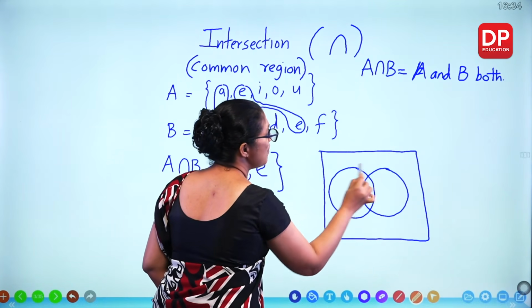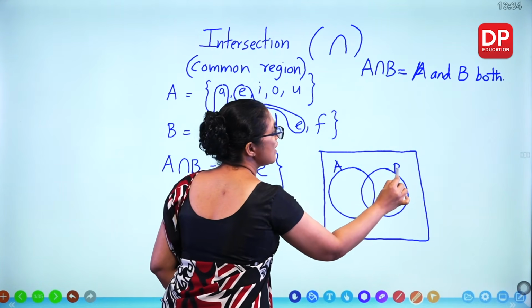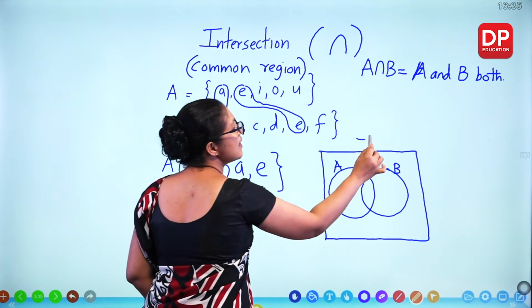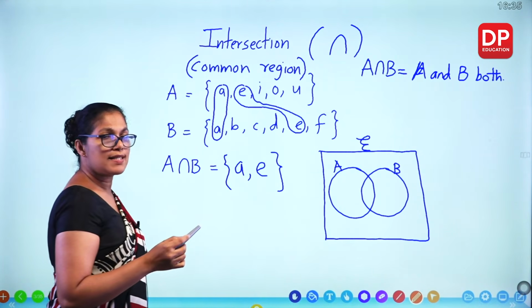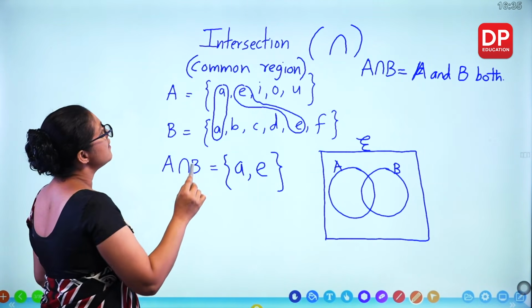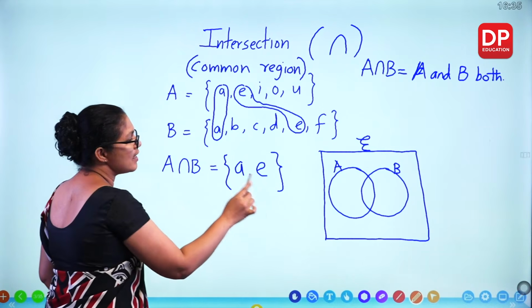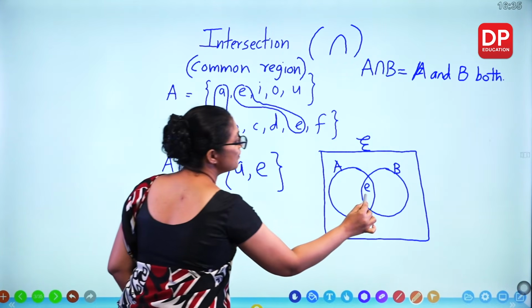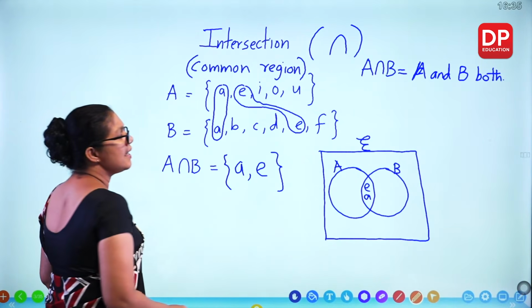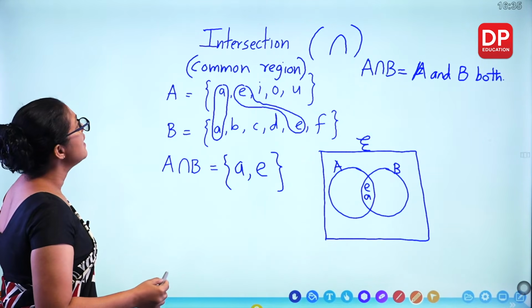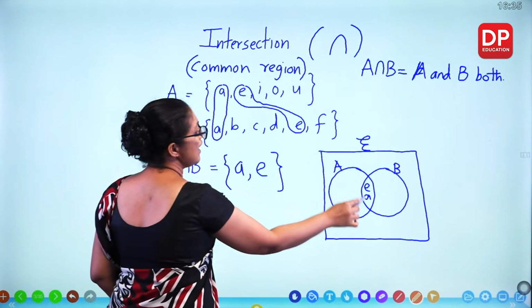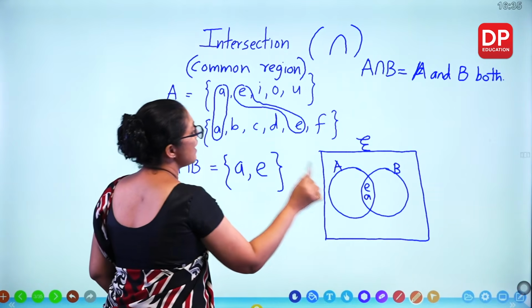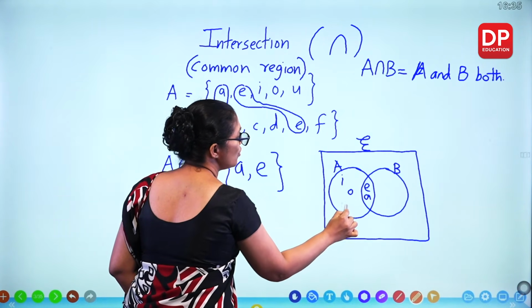Now, if you want to draw a Venn diagram for that, how do you do it? Take A and B as the two sets. Epsilon is the universal set. Write the common region inside here: a, e in the common region. A is a, e already there, i, o, u.